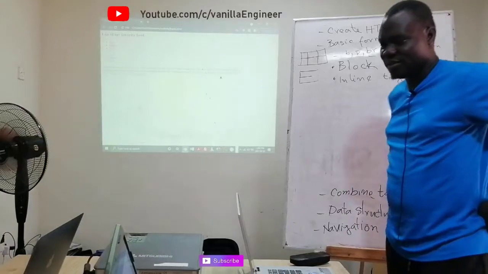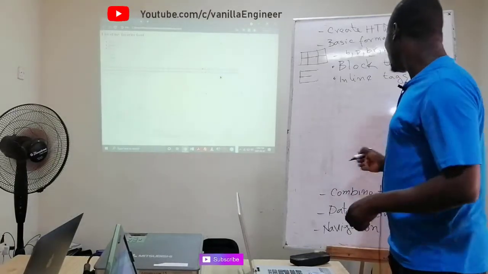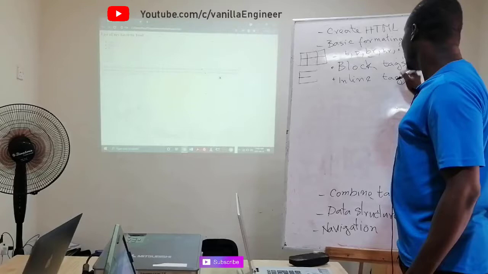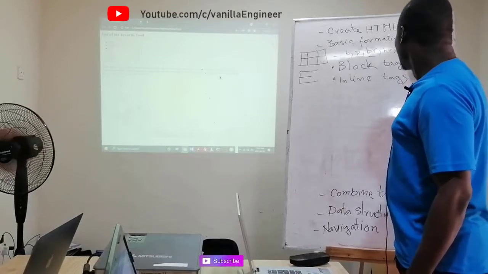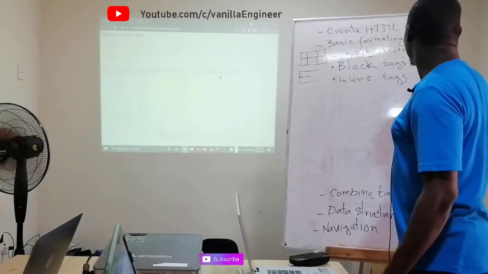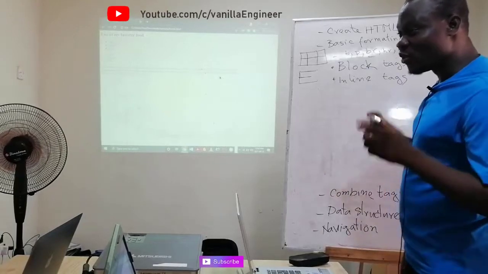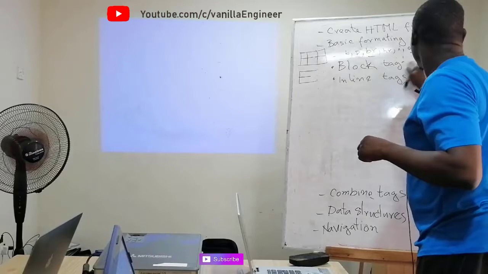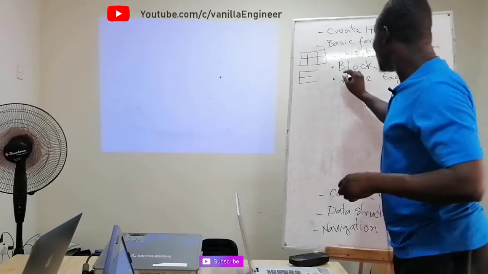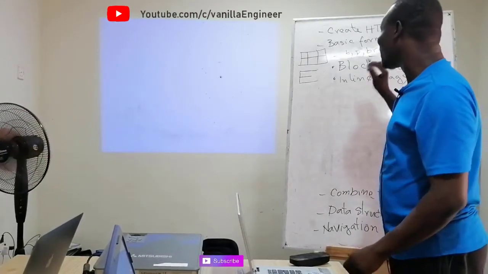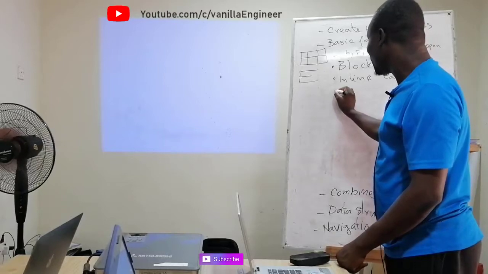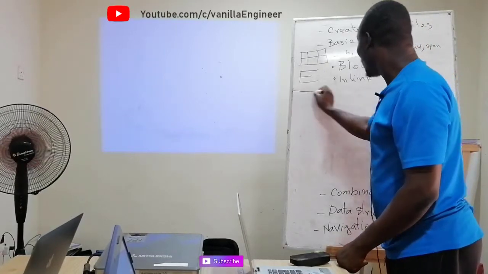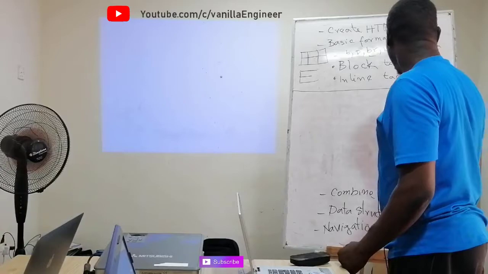Okay, finish writing this. So you could see the first behavior of block tags is that wherever you use them, they take a virtually rectangular shape. Any block tag, whenever you use it, tries to cover the whole screen like this in a rectangular shape.